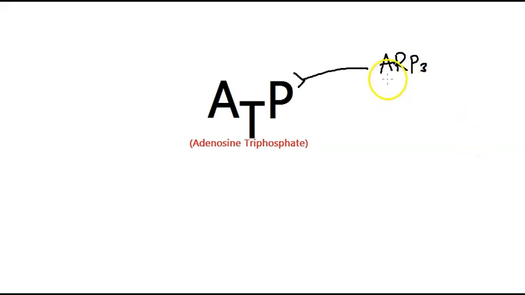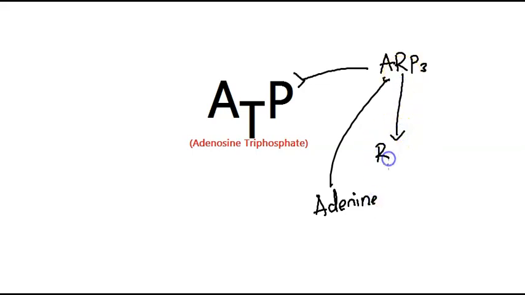Notice that the A stands for adenine, which is a nitrogenous base. The R stands for ribose, which is a sugar molecule. And here we have phosphate, which is a three-phosphate group.